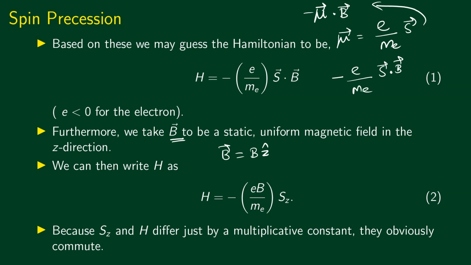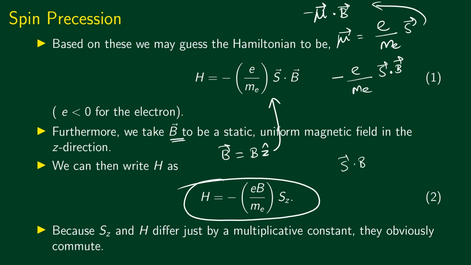All right. Now let's substitute it back in here. Then H has the form minus eB divided by m_e S_z. All right. Because S vector dot B vector, we write it as S vector dot B z hat. So this is written as B multiplied by S_z. B is just the magnitude that we take here, and this becomes B S_z.